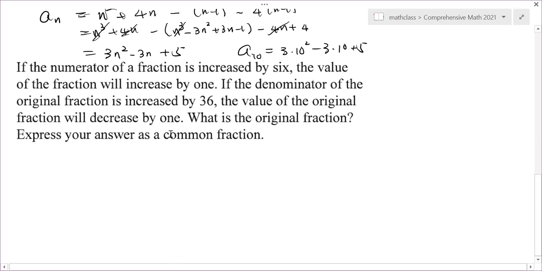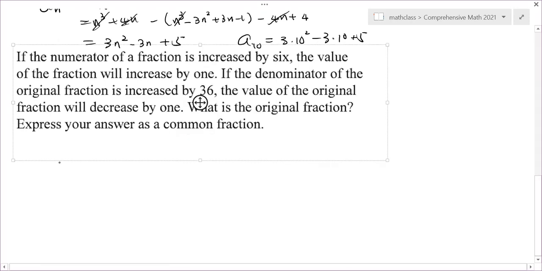Well, you just write down the fraction. The original fraction will be denoted by m over n.